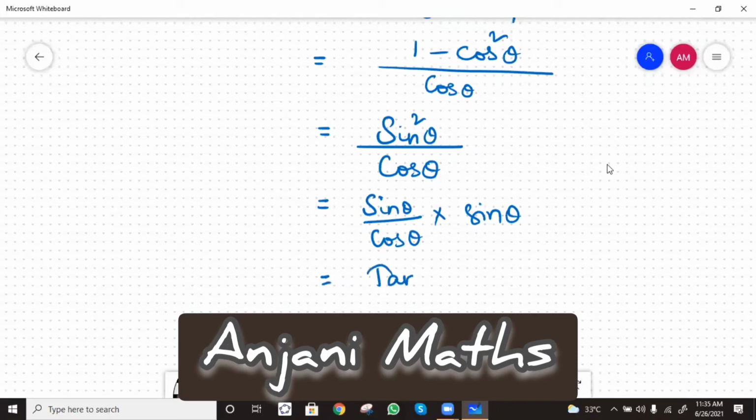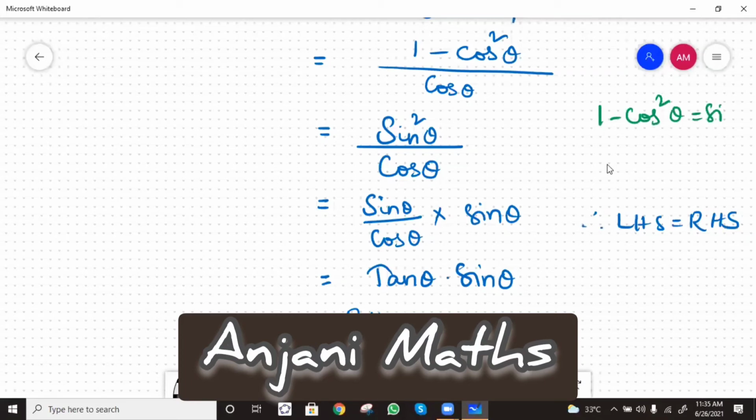It is nothing but tan theta. We write sin theta as it is. What is this? This is nothing but right hand side. Therefore, left hand side is equal to how much? Right hand side. So which identity we used it here? We use first identity. What is that? 1 minus cos square theta equal to sin square theta.